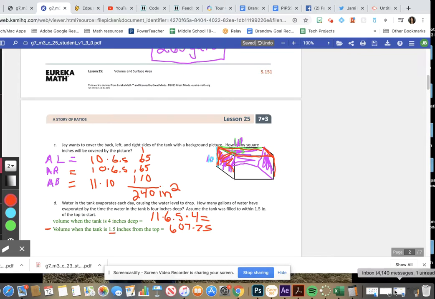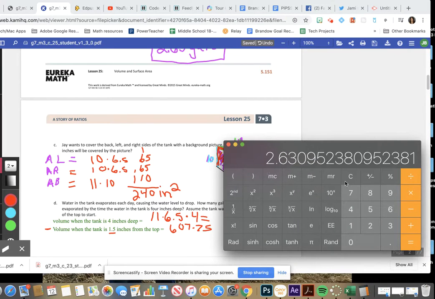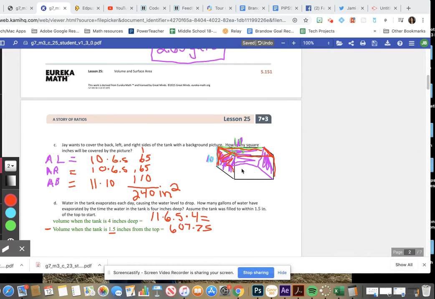So if I did 11 times 6.5 wide times 4 inches deep is 286 inches cubed, and this is inches cubed as well.